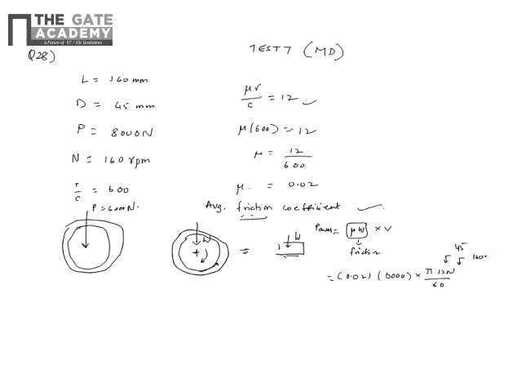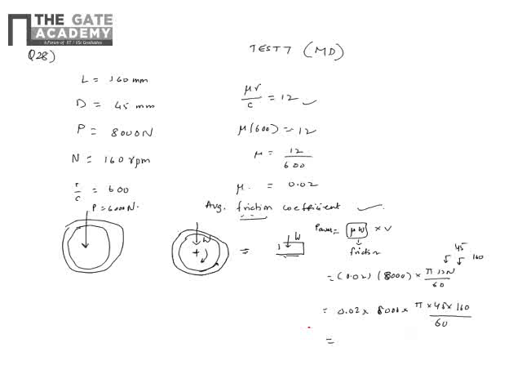Let's substitute in the power loss 0.02 into 6000. Sorry about that, the load is 8000, so 8000 into pi into diameter 45 into 160 by 60.